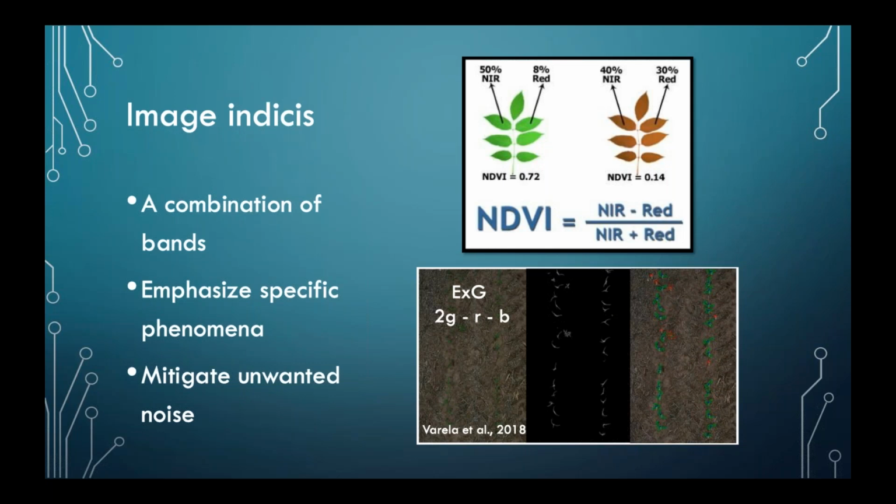This isn't new, it's been going on for a while, doing automatic stand counts from UAV imagery. Some use NDVI to identify plants, and here's an example of EXG doing it. But we can do that across not only research fields, but also perhaps farmers' fields to get an idea of replant decisions as well.